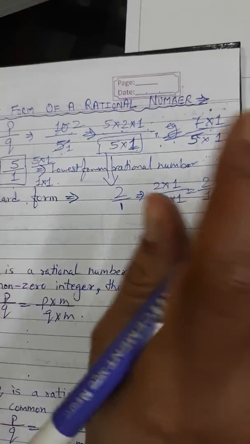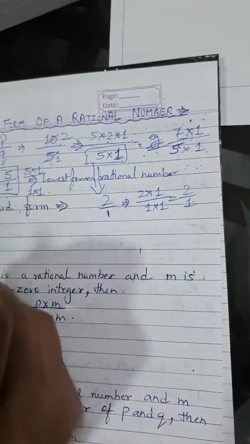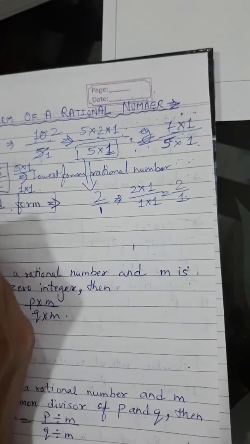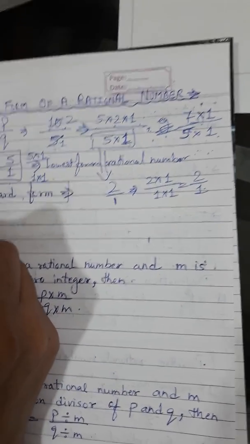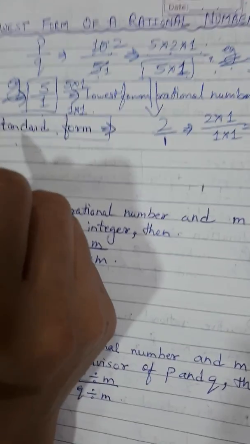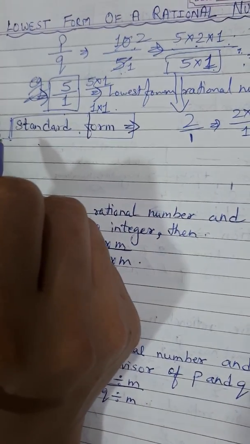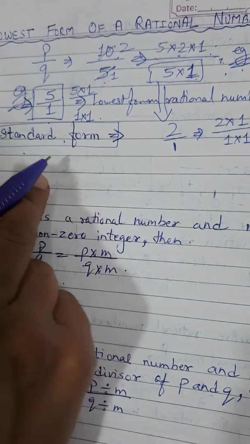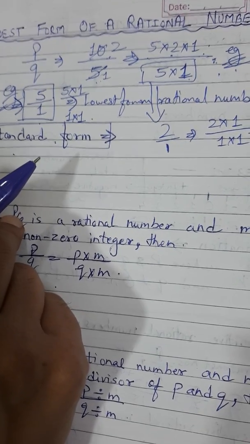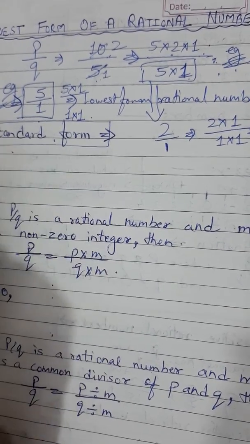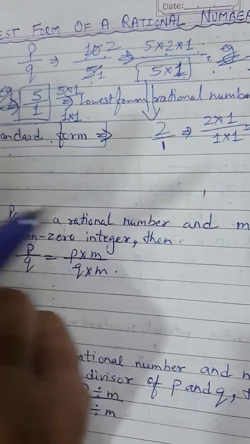Okay, so now the next one is the standard form. Standard form of a rational number. A rational number p upon q is said to be in standard form if its denominator q is a positive integer and p and q have no common divisor other than 1.